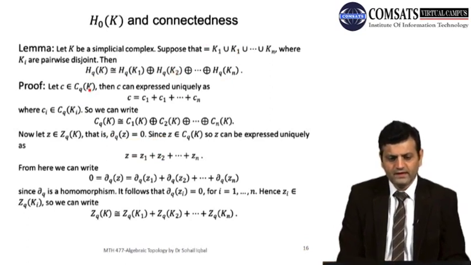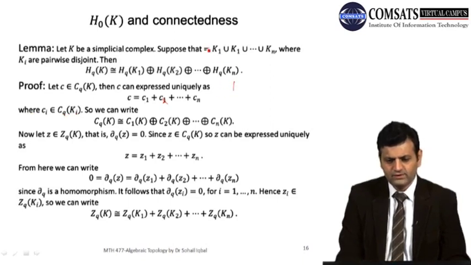If we have an element of CqK, then this can be expressed uniquely as c equal to c1 plus c2 up to cn, where ci belongs to CqKi.